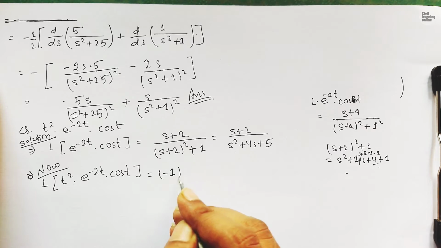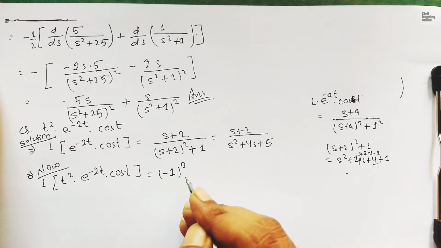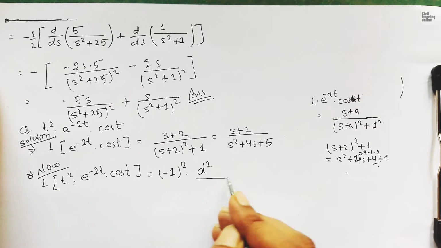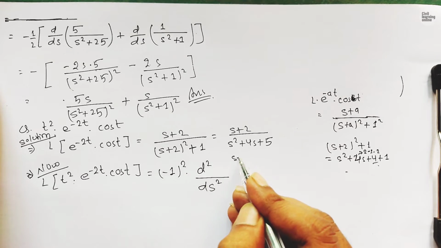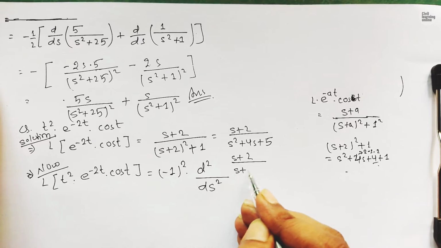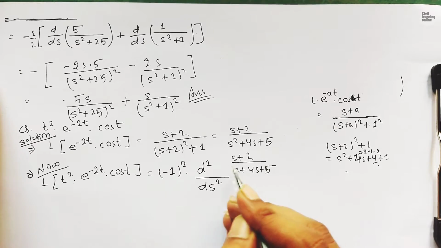minus 1 to the power 2, d square by ds square, of s plus 2 upon s square plus 4s plus 5.